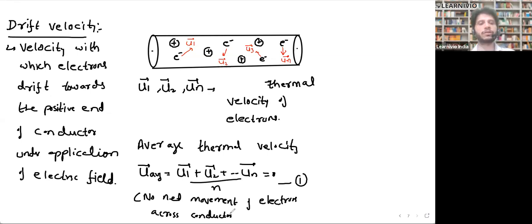So there is no net movement of electrons across the conductor if you're not applying an electric field, if you're not connecting it to any cell.